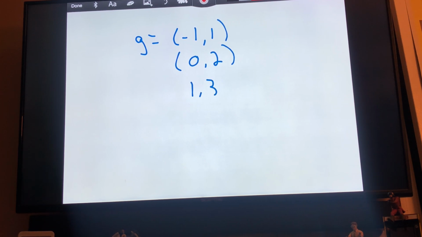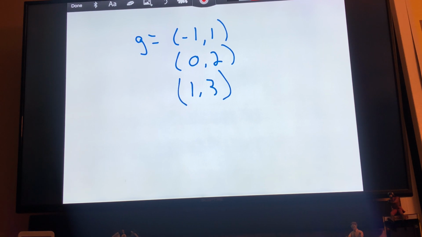Alright, so what we're going to do here is we're finding the function of g, okay? So g is going to be our x, alright? So this is example 4, and it says g equals (-1, 1), (0, 2), and (1, 3).